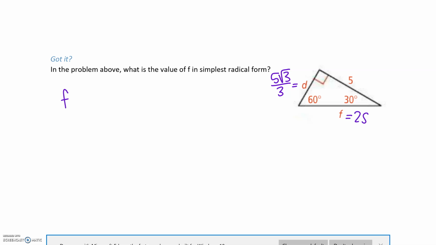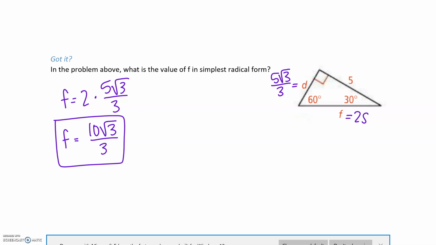So if we do F equals 2 times that 5 square root of 3 over 3, we're just going to multiply the top by 2, which leaves us with F equals 10 square roots of 3 over 3. And that's going to be it.